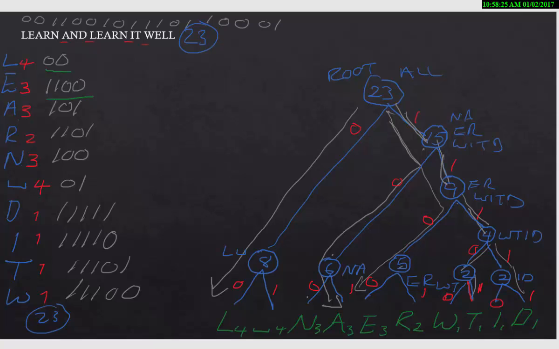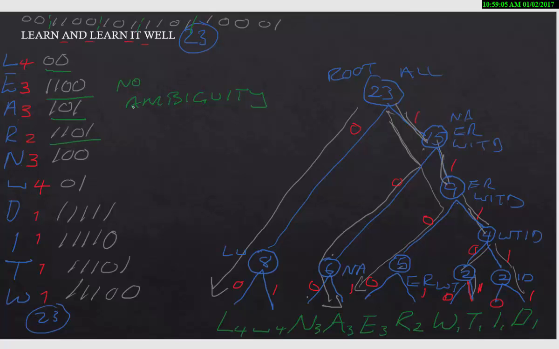The code for E is not a prefix for any of the others, so there is no ambiguity. So this 00 doesn't appear as a prefix for any of the other letters, therefore it's going to be found as L. And the same for 1100, that doesn't appear as a prefix for the other codes. And the same for 101. Same for R, so there's no ambiguity, and that's important, otherwise it could be decompressed incorrectly.